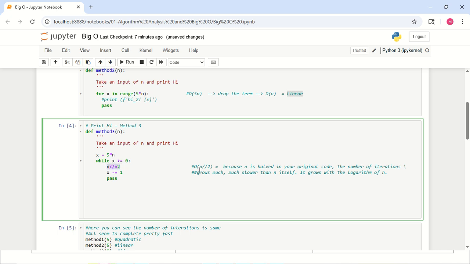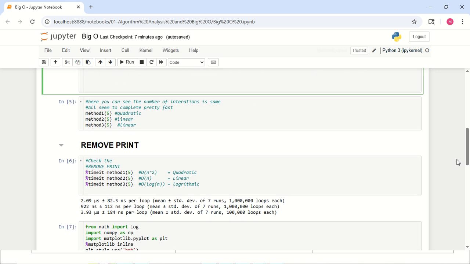So when you're taking your original input and dividing it by 2, you're taking it in half, that is the definition of logarithmic. And that notation looks like this. So that is logarithmic. That's what that is.